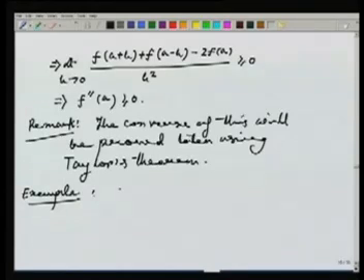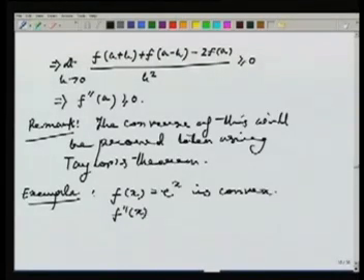I can say f of x equals e to the power x. Okay, f of x equals e to the power x is convex because the double derivative of f is e to the power x, which is bigger than or equals to 0.